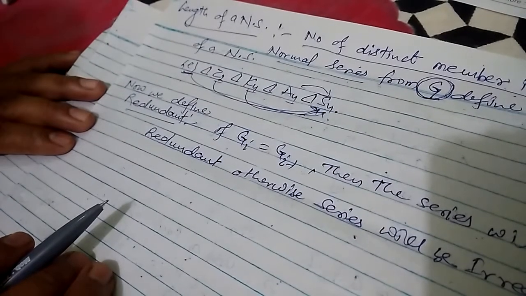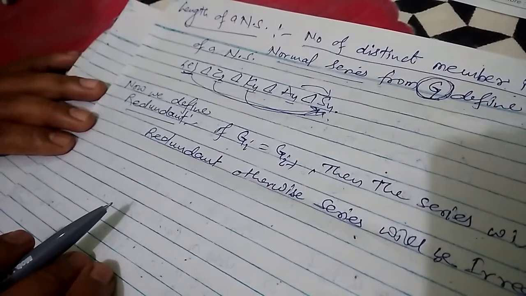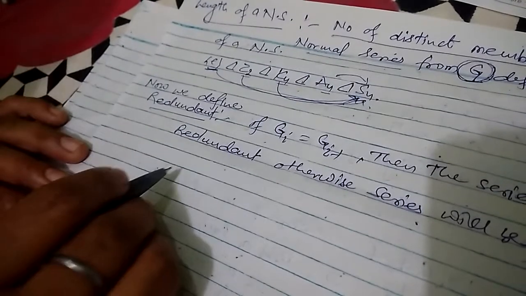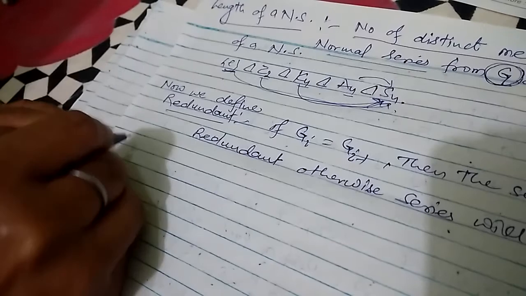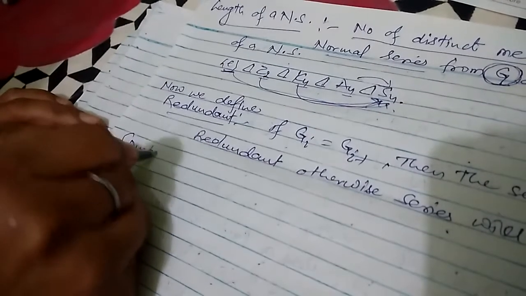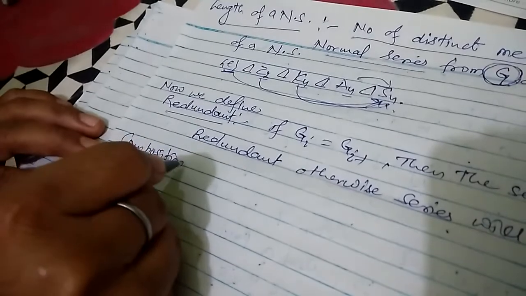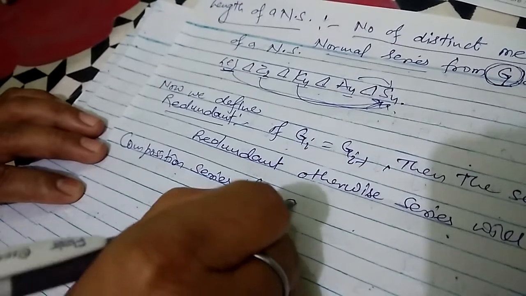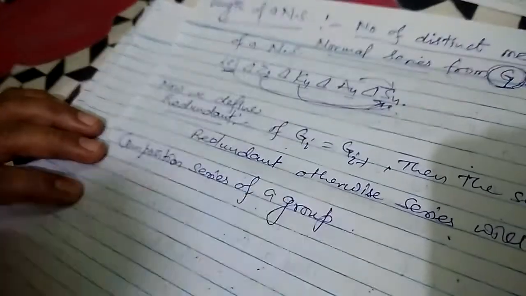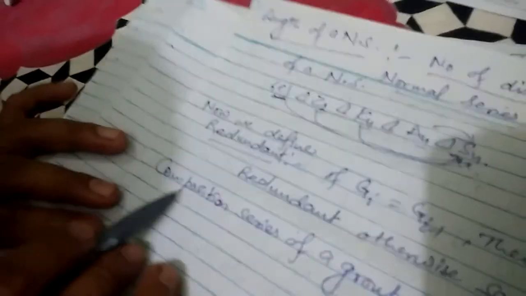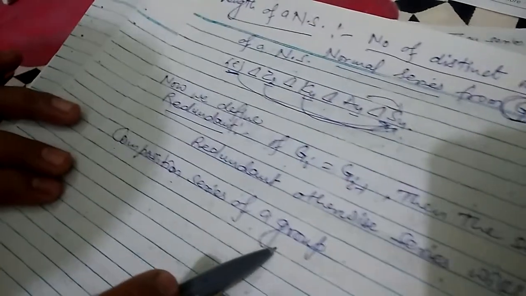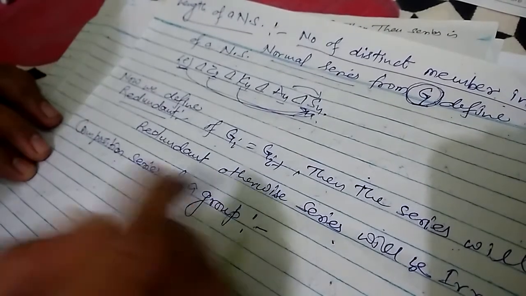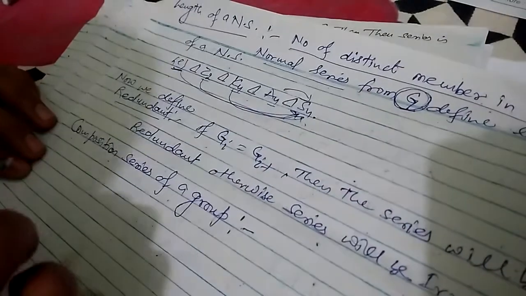Composition series. Now the next term is the composition series of a group, where group means G. So now we define the composition series for any group.